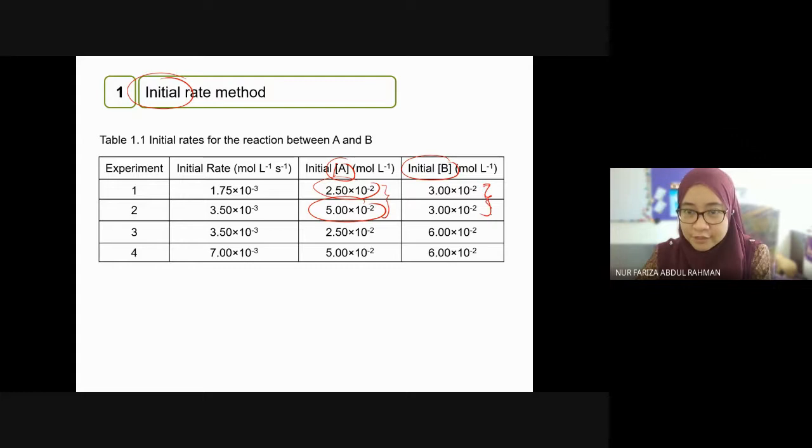Kalau ni fix, you boleh nampak, kalau this one is fix, B tu tak berubah, A berubah.